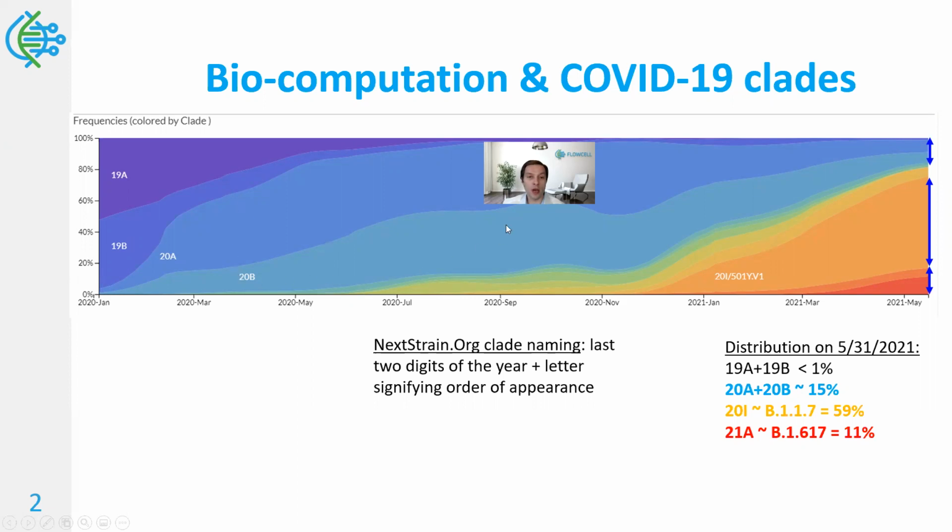The strains that dominated the bulk of 2020, 20A and 20B, account for less than 15% of the total. The bulk is due to a very significant strain or branch of strains, 20I, that emerged in North America and Europe, as well as new strains such as are emerging in India.